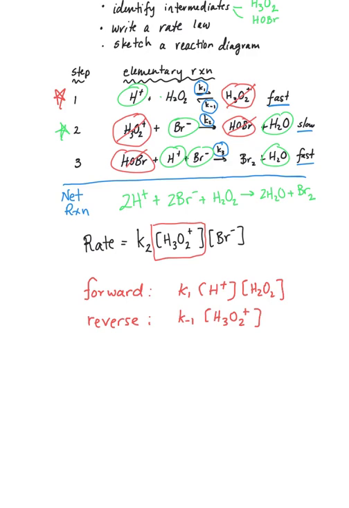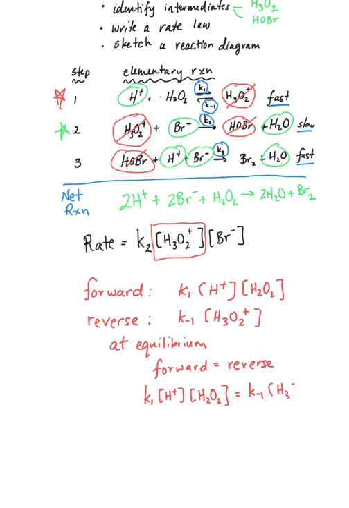At equilibrium, what we'll find is that the rate of the forward reaction is equal to the rate of the reverse reaction. We establish a balance between the two. In other words, K1 times the concentration of H plus times the concentration of hydrogen peroxide is equal to K minus 1 times the concentration of H3O2 plus.